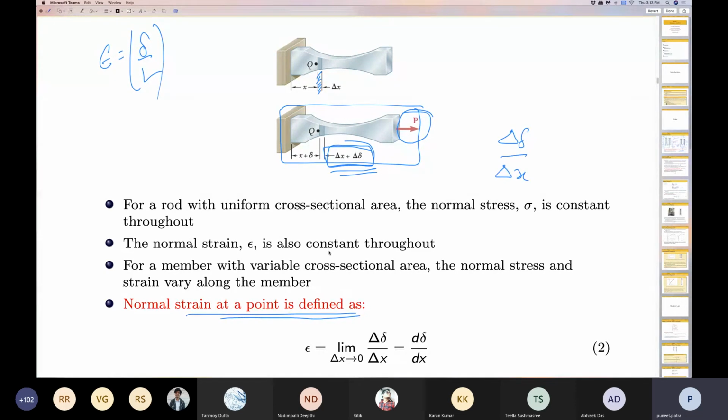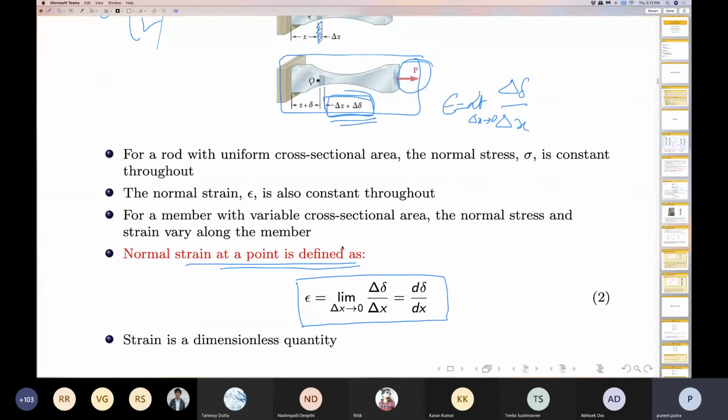So for a bar with a varying cross section, I define epsilon at every point as the limit delta x tending to 0 of the change in length of a small element divided by the original length of the small element. And this gives you the expression of strain in terms of the small quantities delta and dx.